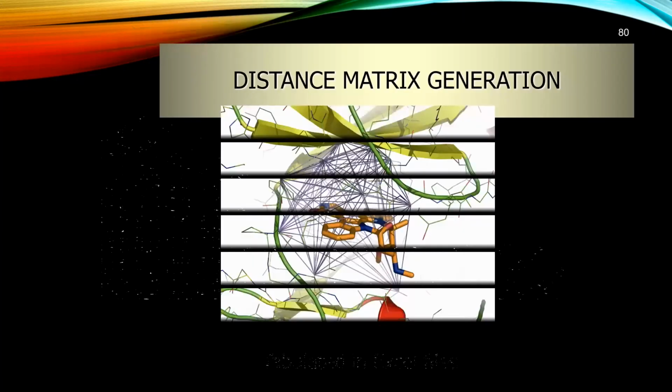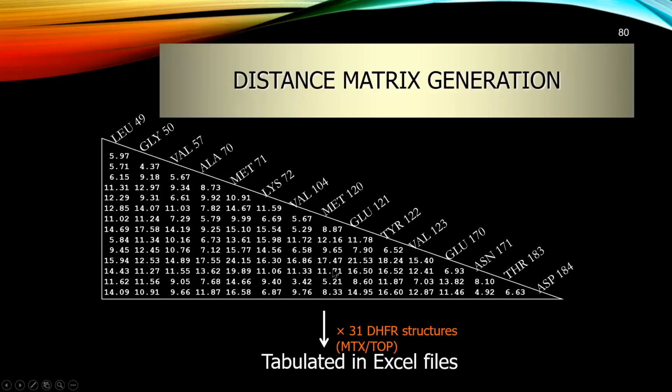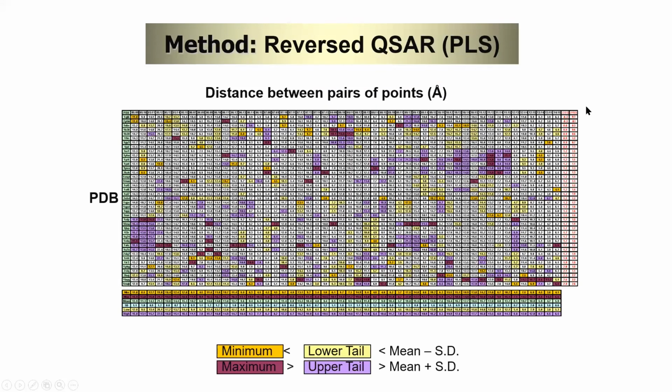And from this distance matrix, we can put it in a table like this. So we put all these numbers inside the Excel table. And in the last column, we put the Y column here, from smallest, the best binding, KD smallest, to the worst binding, the loosely bound KD.